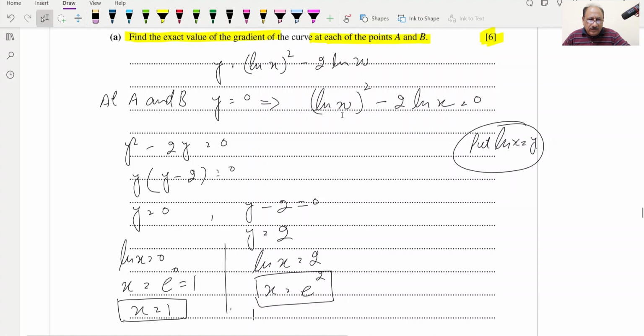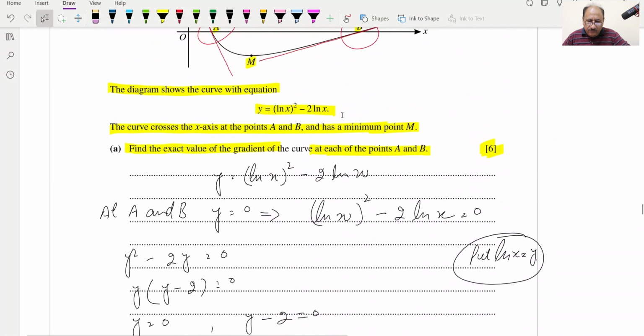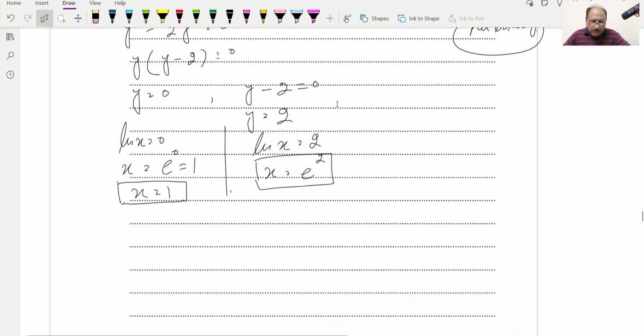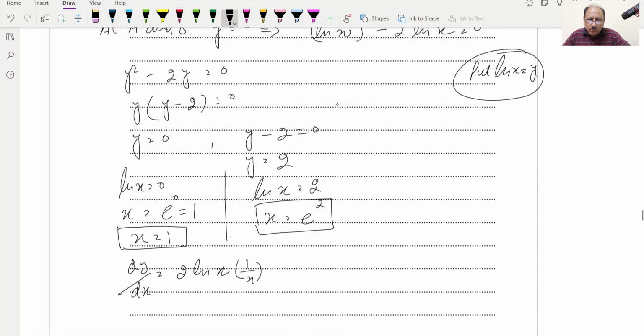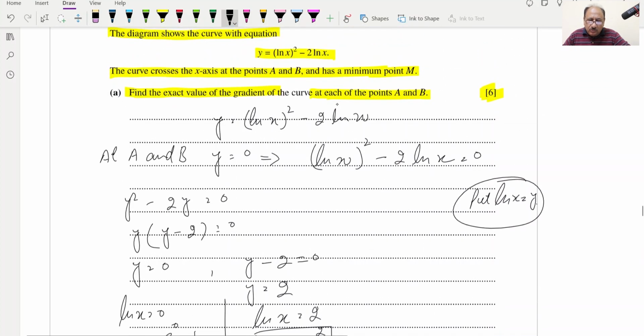Now we know we can find the derivative. We need the gradient basically. So we will differentiate the given equation. Derivative of this given equation will be dy over dx is equal to 2 log x times 1 over x. If I separately derive, y is equal to (log x) squared minus 2 log x.